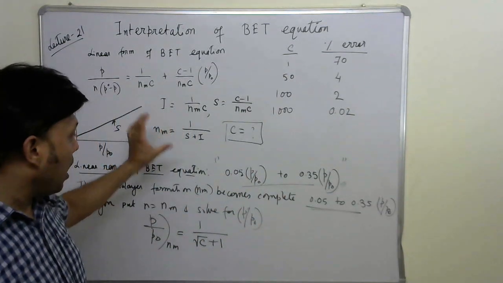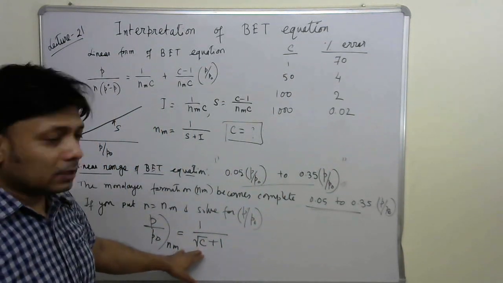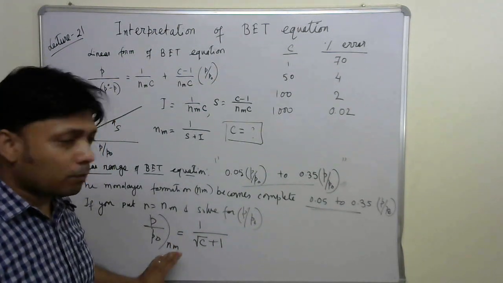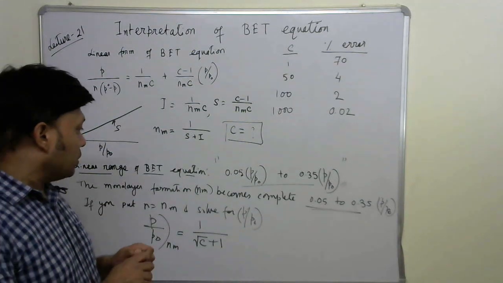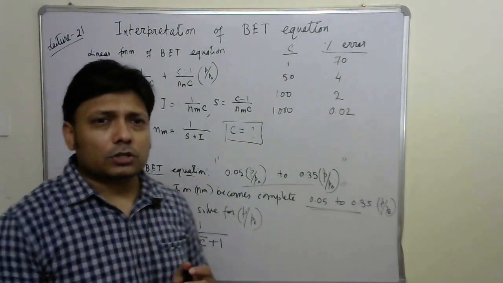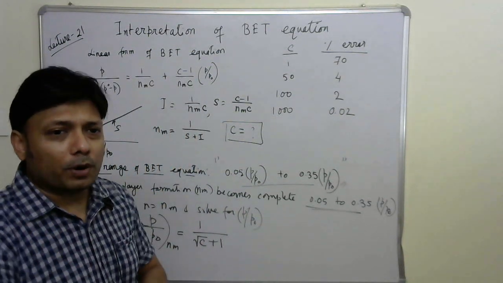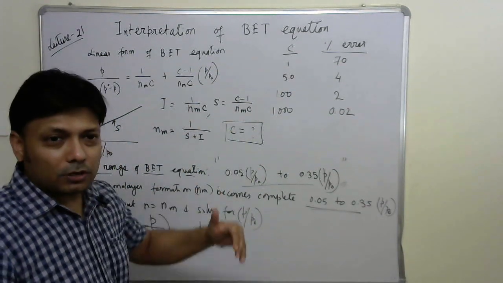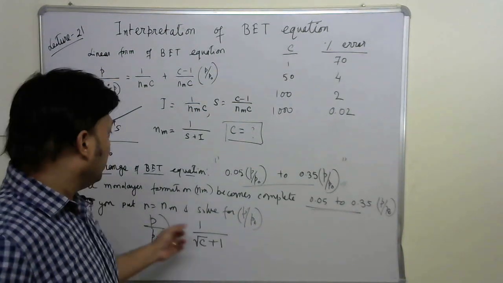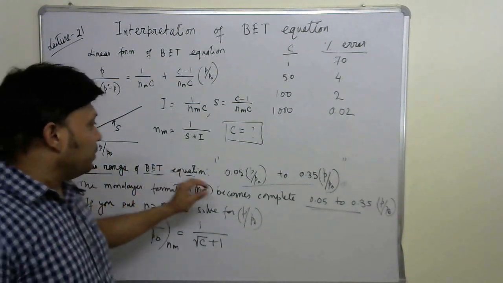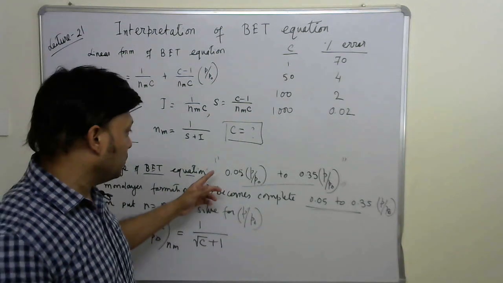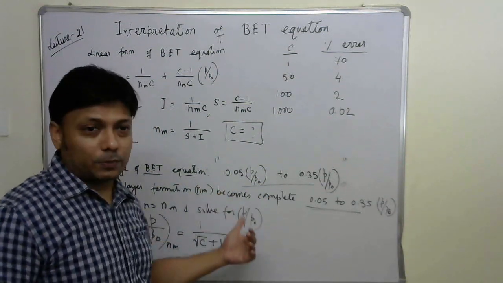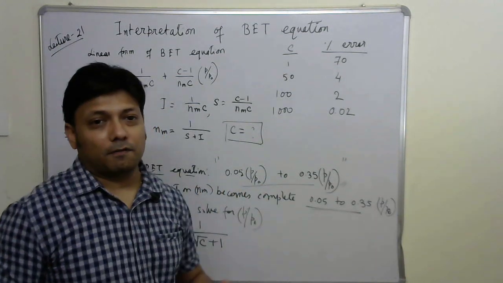And for a C value of 1000, you can see how low the pressure would be for the formation of monolayer. So the BET equation tells us that the monolayer formation is complete at a very low pressure, and the higher the value of C, the lower the pressure. That's why the linear range of the BET equation is best between 0.05 and 0.35. The higher the value of C, the better the fit.